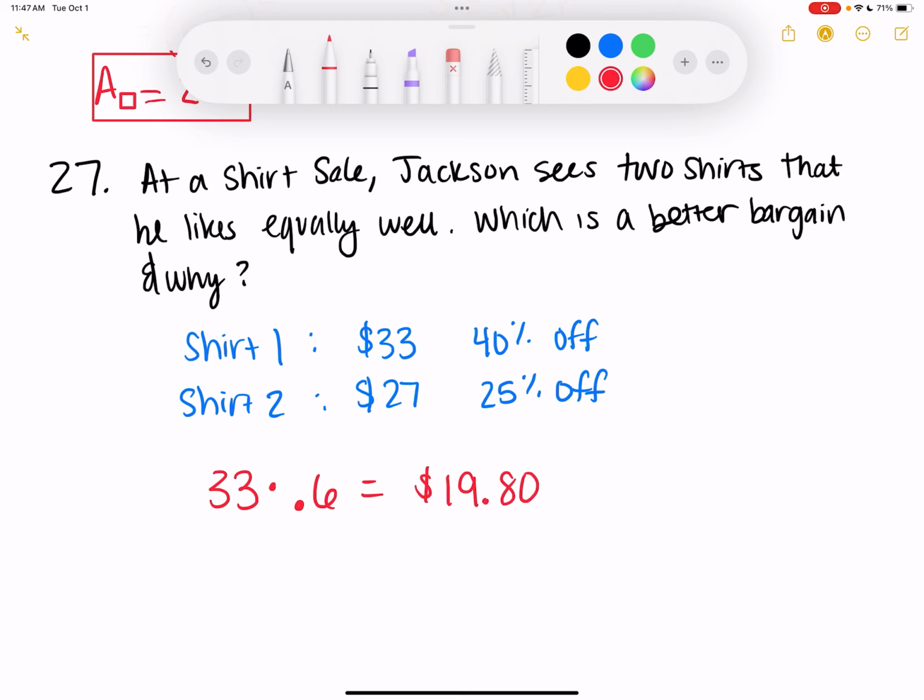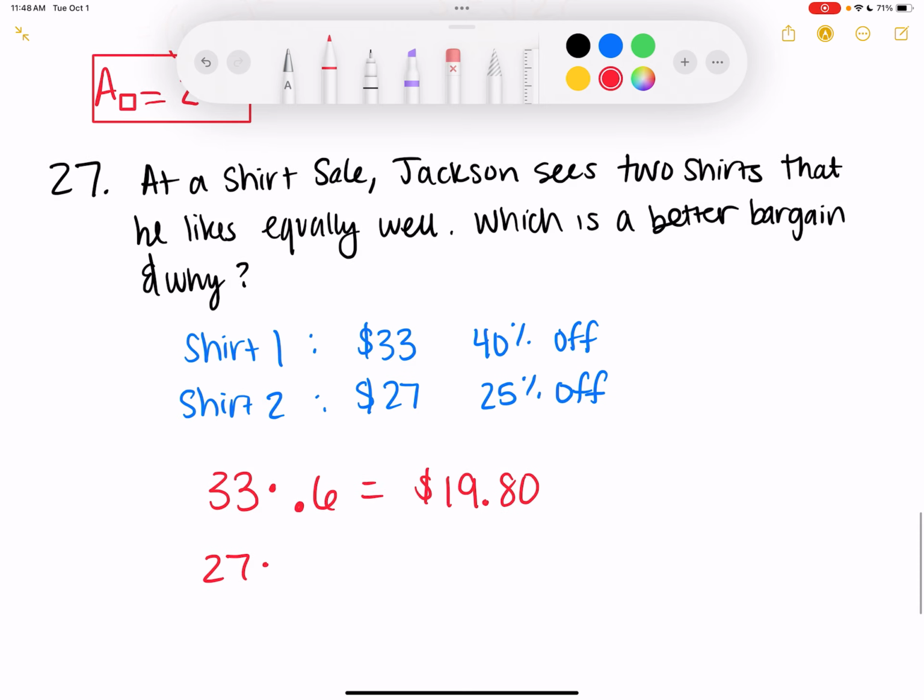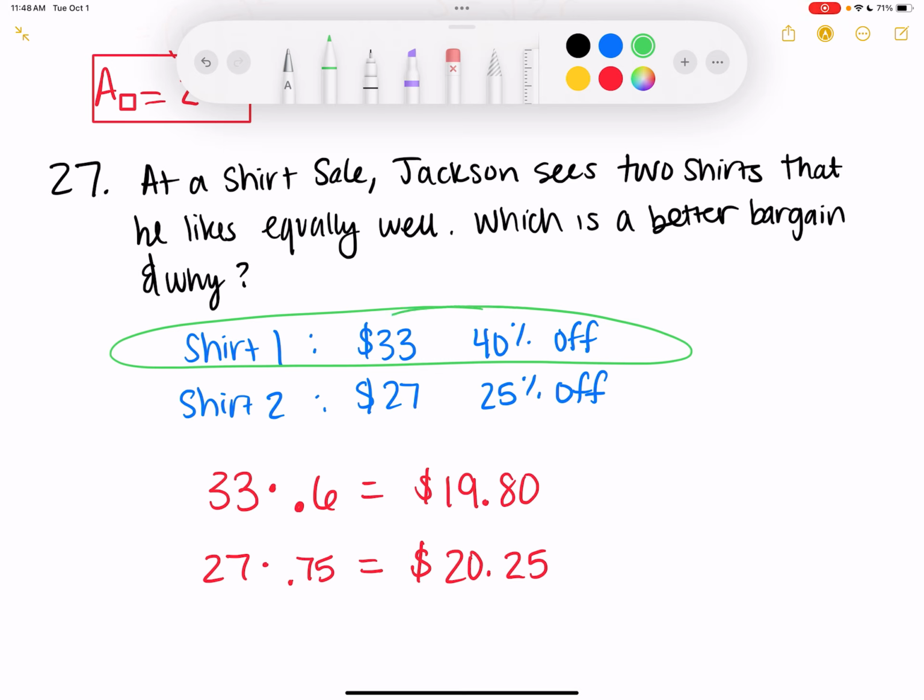Then the other shirt, we would do 27 times 0.75, so we get what we actually are paying. 27 times 0.75 gives me $20.25. So which shirt is the better bargain? Shirt one.